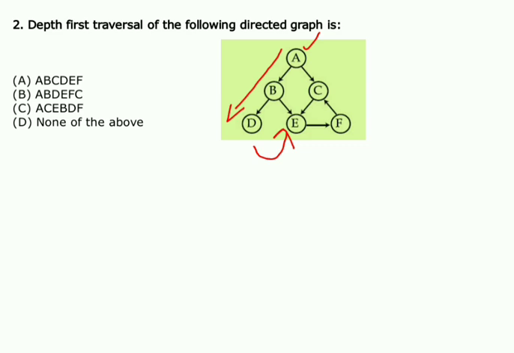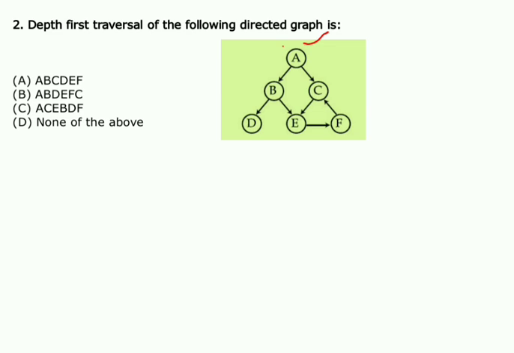In the case of BFS, we will search level wise. That is, we will first search level 0, level 1 and then level 2. In the DFS traversal, first we will start from the root node and next we will search the remaining child nodes.